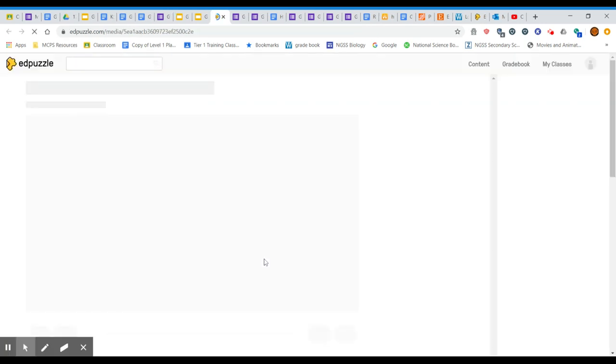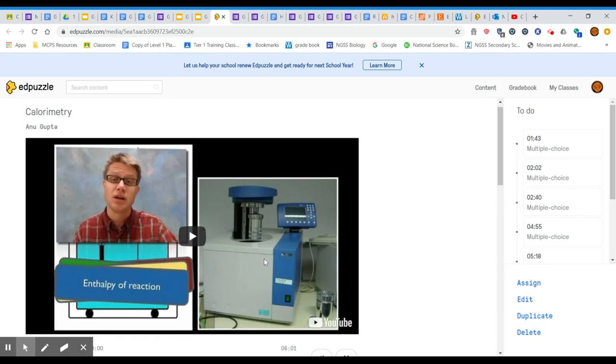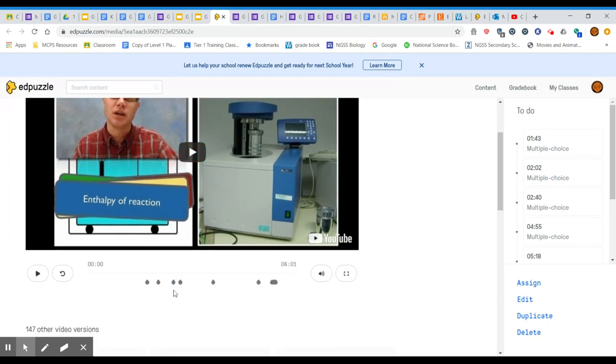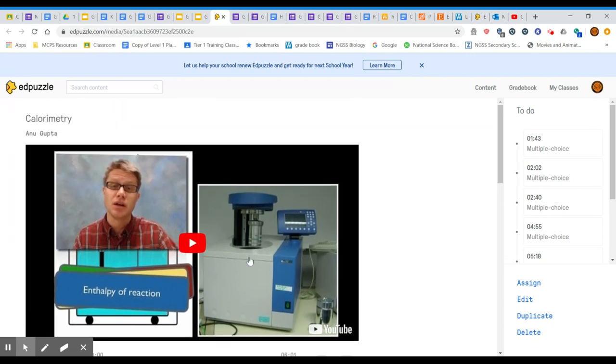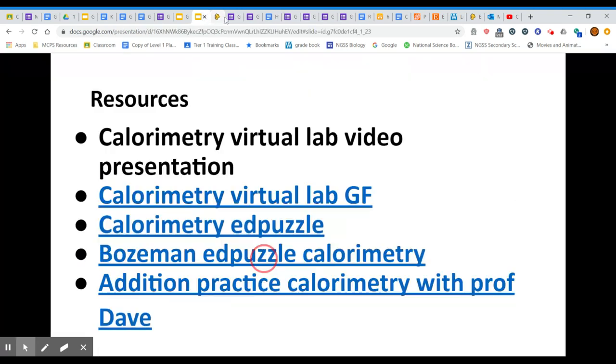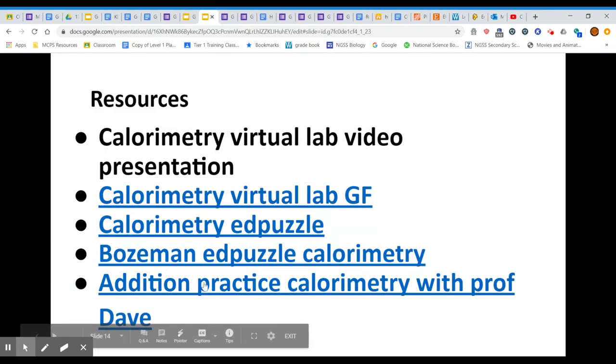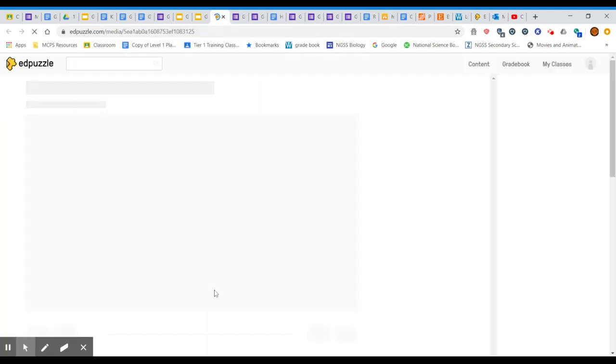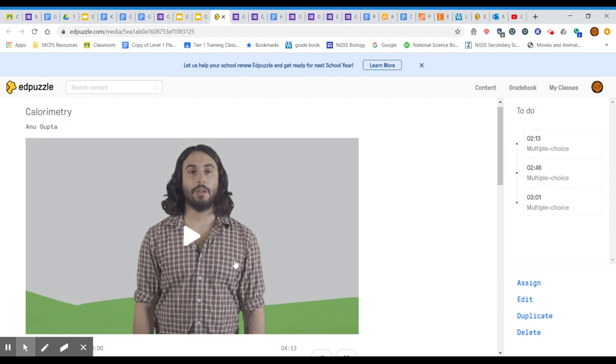He does an excellent job going over the enthalpy of the reaction and calorimetry, and you can stop in between and answer the questions so that you can follow how far you have understood. Also, you can follow it with Professor Dave. That is the same concept in different forms and different questions.